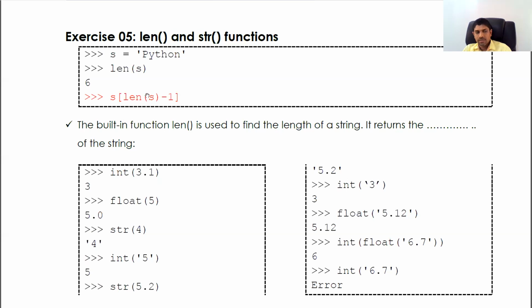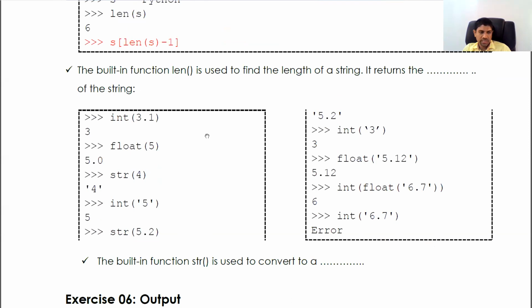Right. Length is 6, there are 6 characters here, no? 6 minus 1 is 5. So s[5] means the character with index 5. Index 5 is the last one, right?